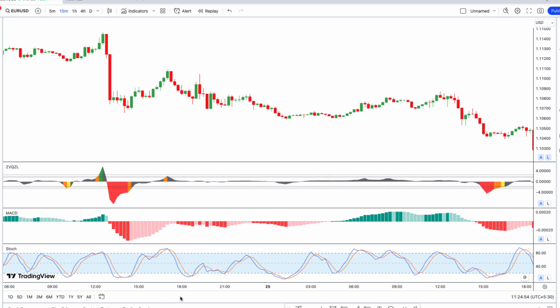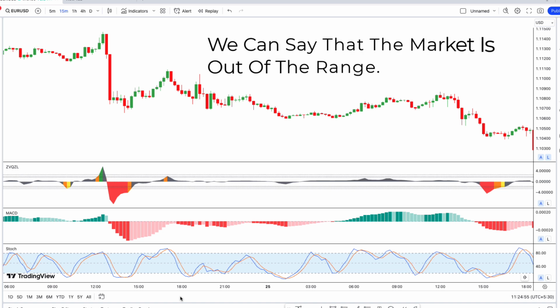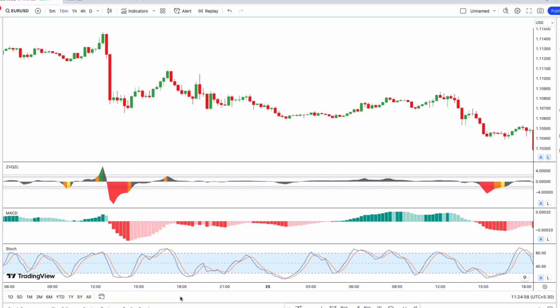So when we have this sign of increased volatility, we can say that the market is out of the range, and when we have a signal like this, we can take it. But for signals like this, which are happening during this extended range market, we don't take them. This was just a simple example to show you how this indicator can filter the false signals during range market.